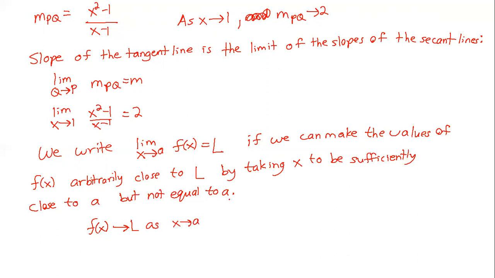There are different notations someone might use for the same idea. You don't need to care if f of x is defined when x is a, just how it is near a. You don't have to have any value defined for f of x at a. We only care about taking x sufficiently close to a, but not equal to a.